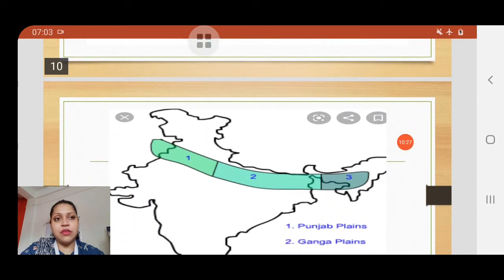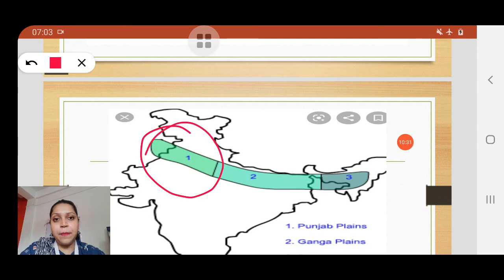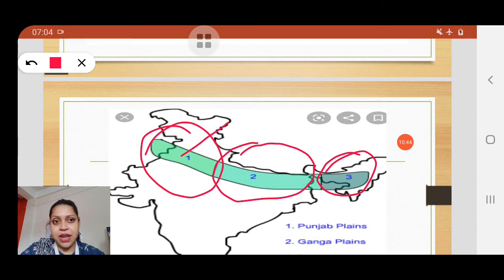So this number 1, what is this? This is the Indus basin. Number 2 is the Ganga basin, and number 3 is the Brahmaputra basin. First, Indus plain. Second, number 2 is the Ganga plain, and third, what do we have?